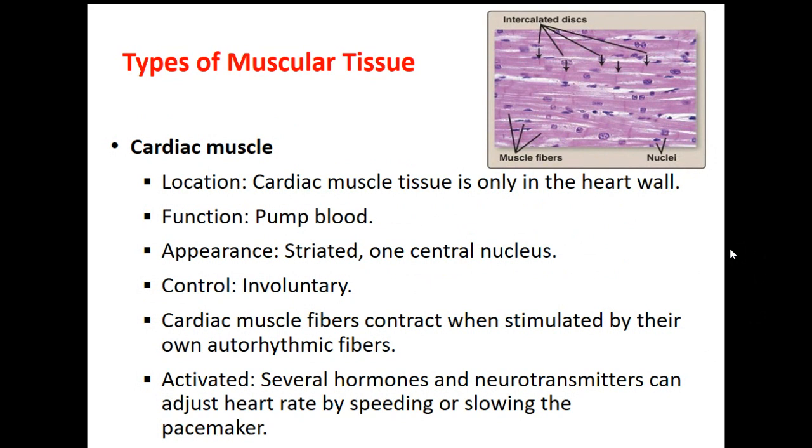It's autorhythmic. Auto means self. Rhythmic means in a regular, timely manner. So your heart beats by itself. It has its own pace in it. It doesn't need the brain telling it to contract every time. It's its own pacemaker, and it beats at a regular rhythm.